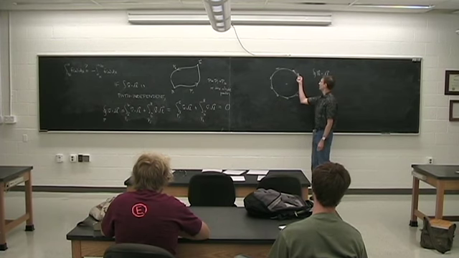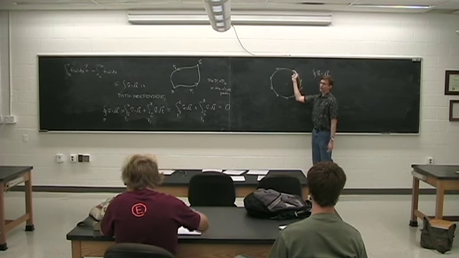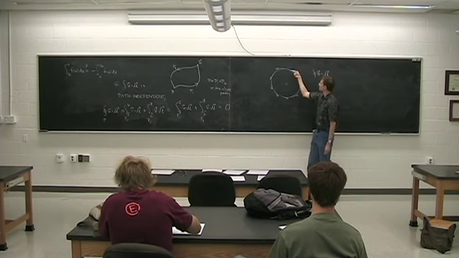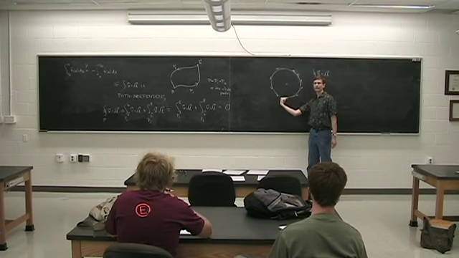Well, all the B dot dl's are, if all the dl's had the same magnitude, they don't have to, you can break the path up with different length dl's, but suppose you break it up with all the same length dl's, all the B dot dl's would be exactly equal to one another in that case. So, are there any negative contributions?